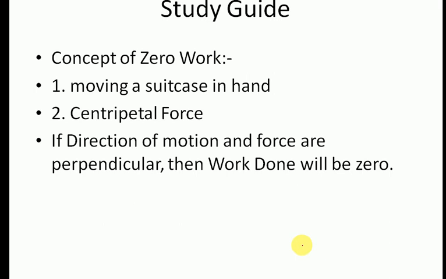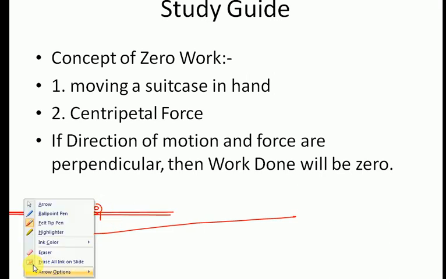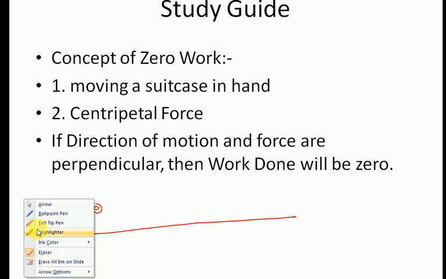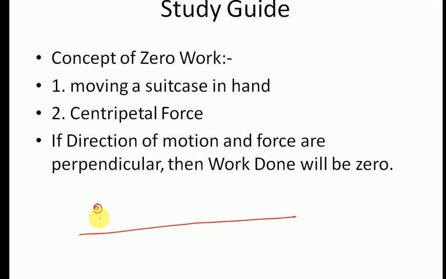Now let us take the example. Now this is a road. You are moving on a road and displaced by a distance of s, and finally you came to this point. You have a suitcase or a bag in your hand.